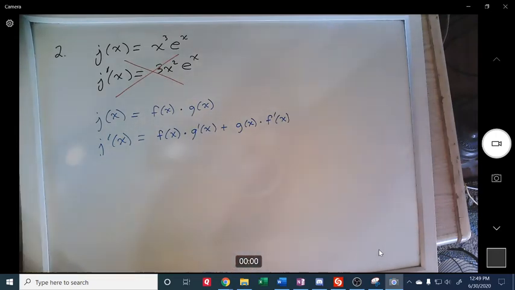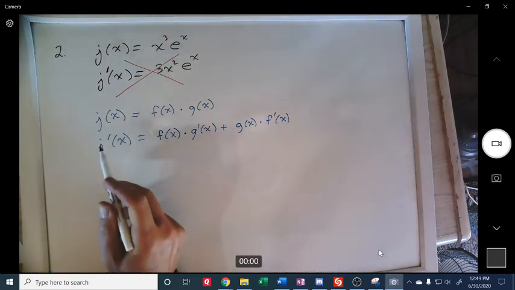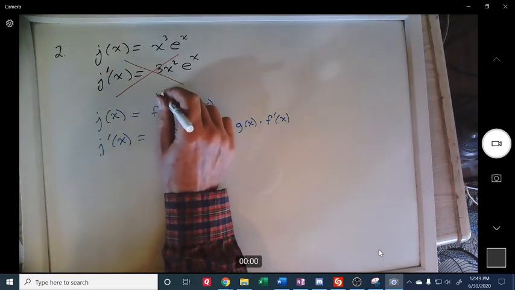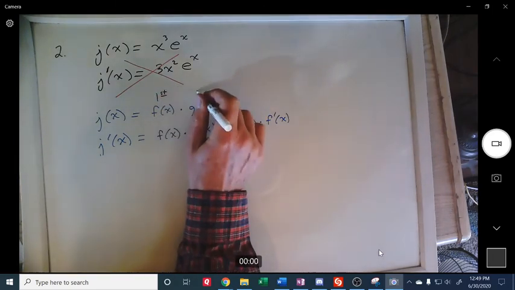So if we look at this formula, this function is a combination of these two functions multiplied together, and this is the first and this is the second.